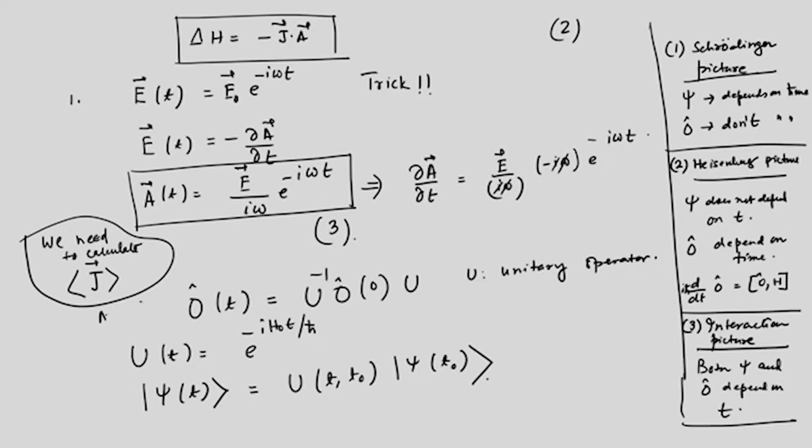So, let us call it A, and let us call this B. So, this is how in the interaction picture the operator and the wave function evolve. Okay. All right. So, we will have to work in this interaction picture and perform a perturbation theory in order to get the expectation value of an observable. In this particular case, the observable is nothing but the current density.